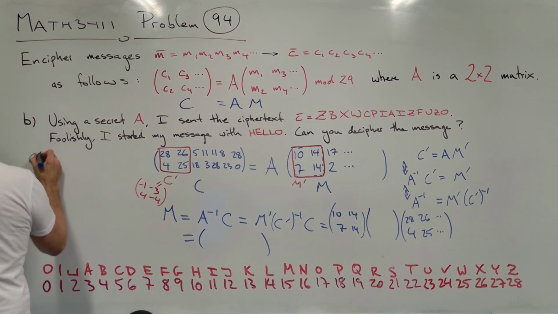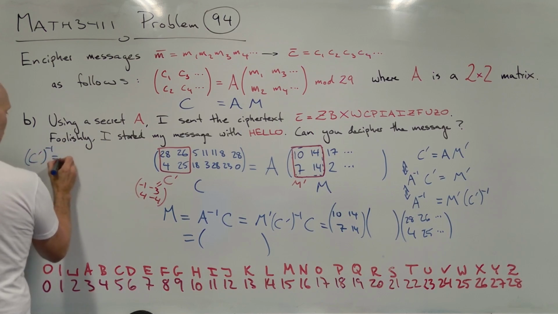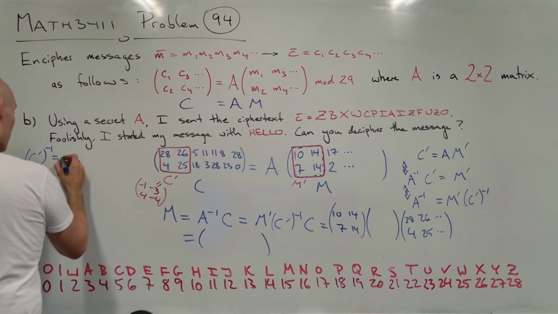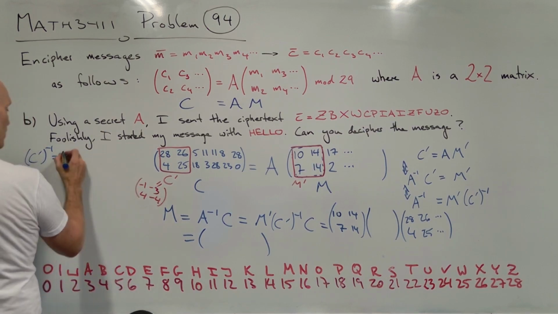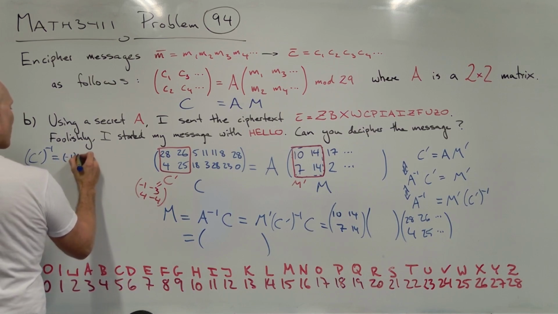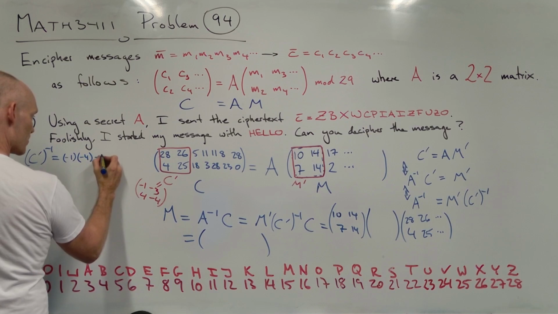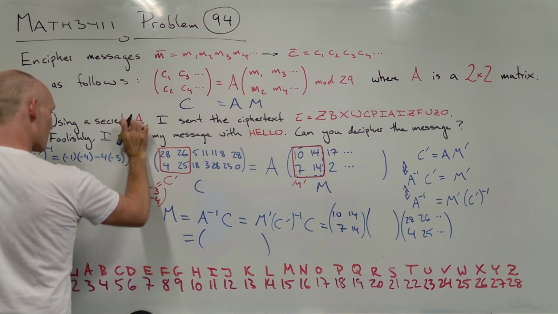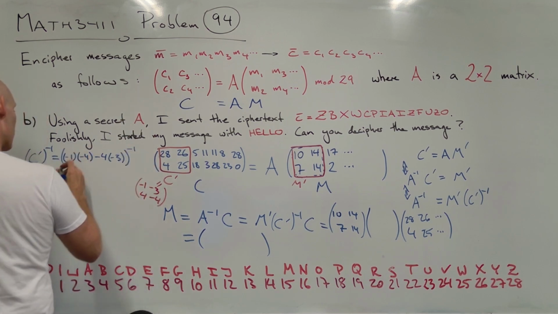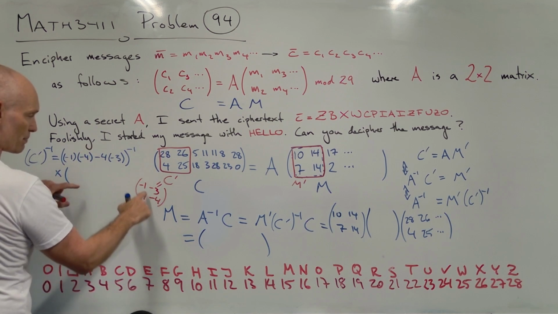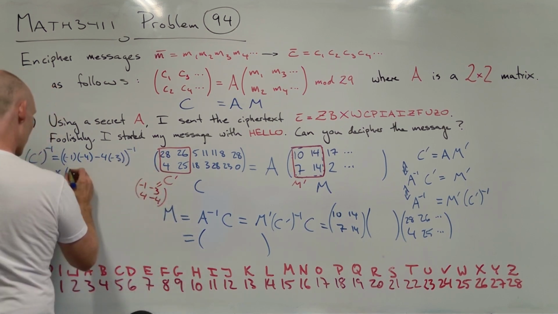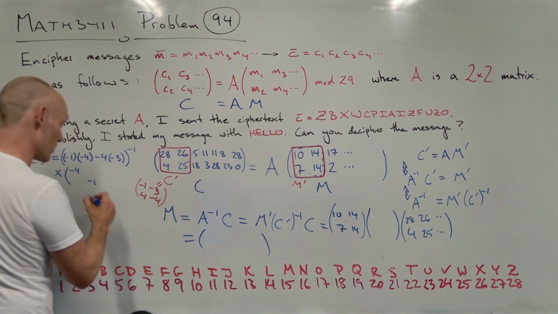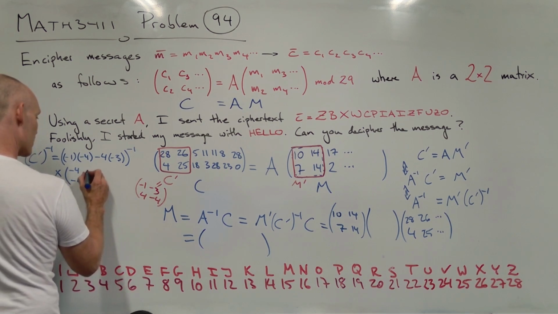Well, C prime inverse is equal to 1 over the determinant of this, or here, since we're dealing with modular arithmetic, the inverse of that determinant, -1 times -4 minus -4 times -3, and the inverse of this number there. And then we multiply it onto the matrix that we get by swapping the diagonal entries, so -4 and -1, and then putting a minus in front of the off-diagonal entries, so -4 and 3.